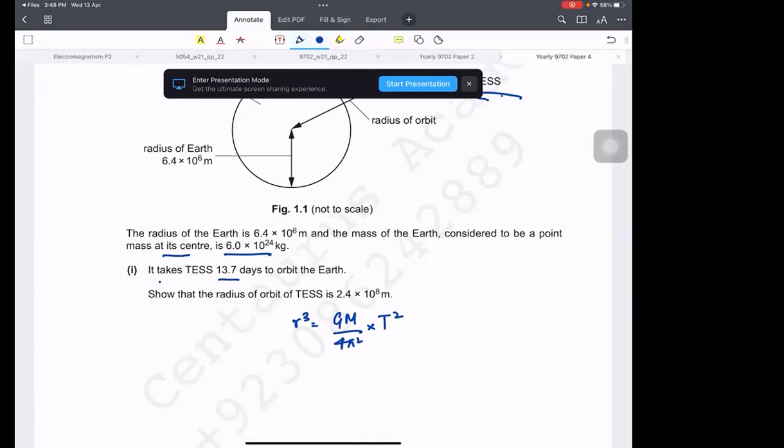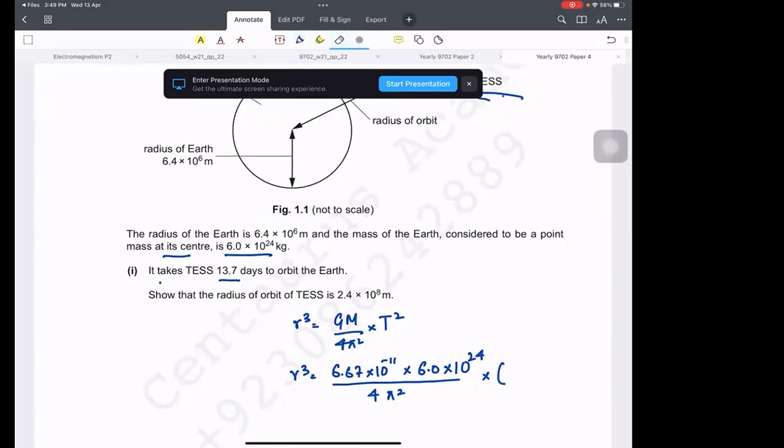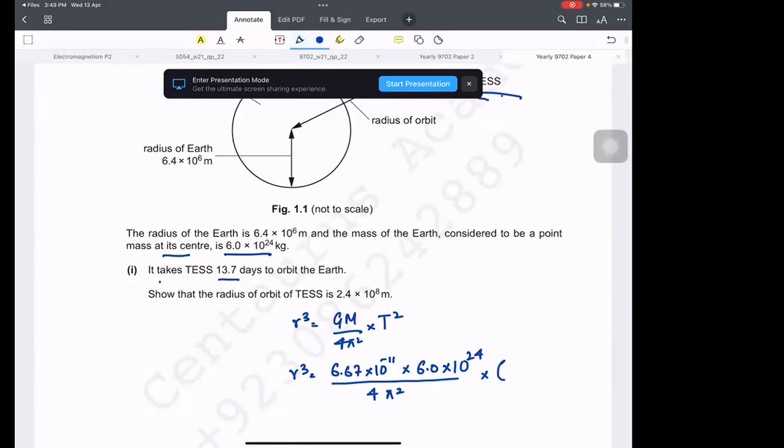So we want to find the radius. G is 6.67 times 10 raised to minus 11. The mass of Earth is 6.0 times 10 raised to 24. This is 4 pi square, and the time period is in days, so we should convert it because everything else is in seconds: 13.7 times 24 times 60 minutes times 60 seconds.